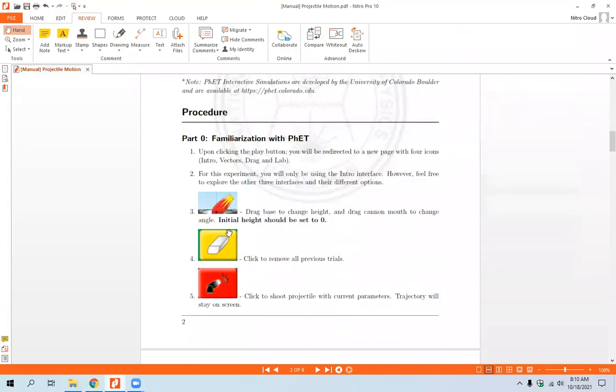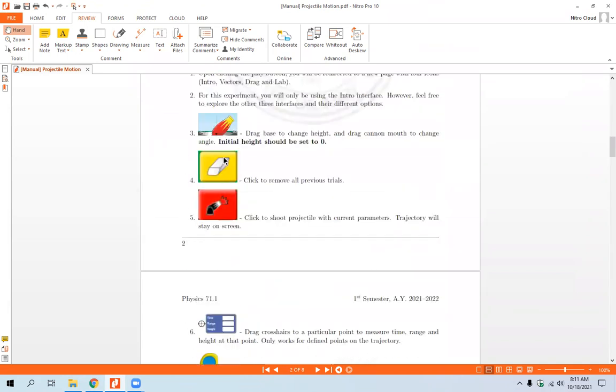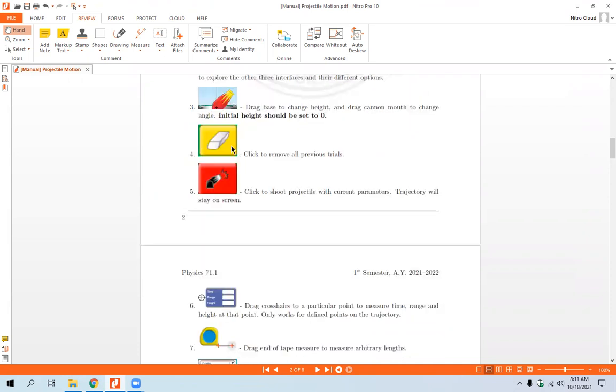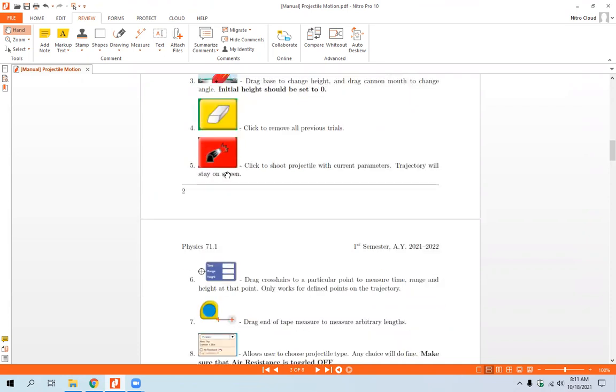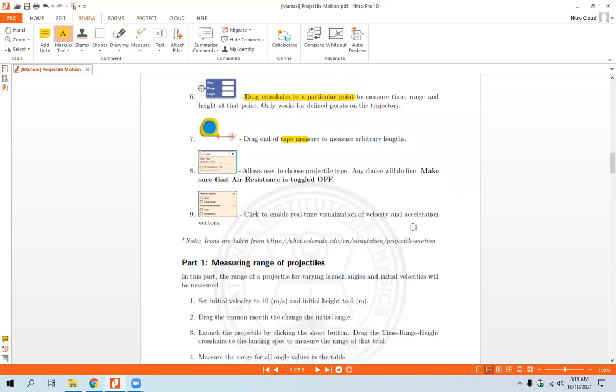So let's go to the procedure. So basically, yung procedure naman ay dinemonstrate ko lang naman sa inyo. So anong mga pinakita ko? So dragging the base to change the height, eraser tool, click the red button to fire. Itong crosshairs, ito yung primary feature na gamitin niyo for the entire experiment. Tape measure, air resistance.